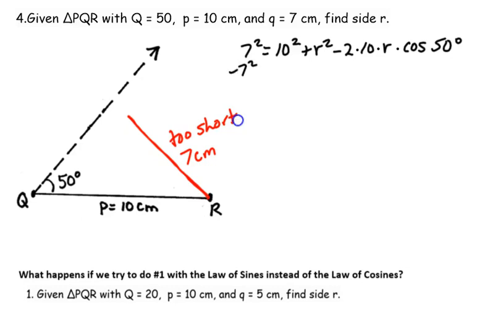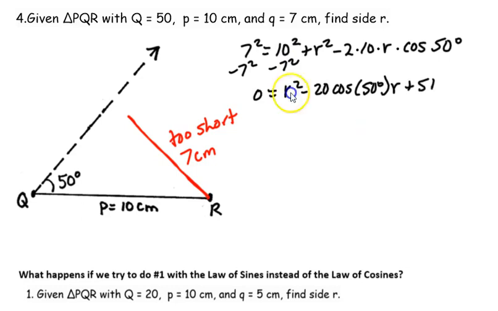I would end up with 0 equals r squared minus 20 cosine 50 r, and then 10 squared minus 49, that's 100 minus 49, that's 51. So I'm going to have to change my b. A is still 1, b is negative 20 cosine 50, and c is 51.